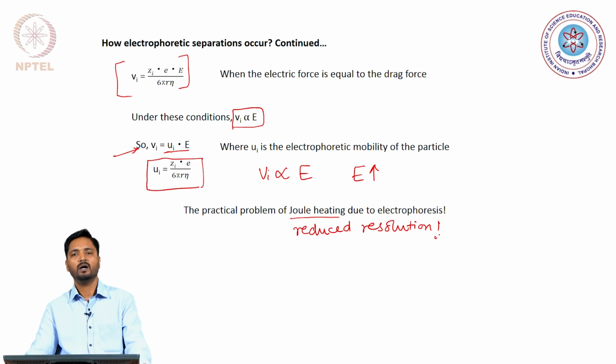So, we would want to minimize the Joule heating during electrophoresis, and it was figured out that if we use some sort of a high surface area material, then it should be possible to undertake electrophoresis with high resolution by applying high electric field.